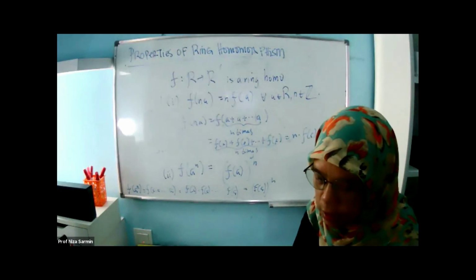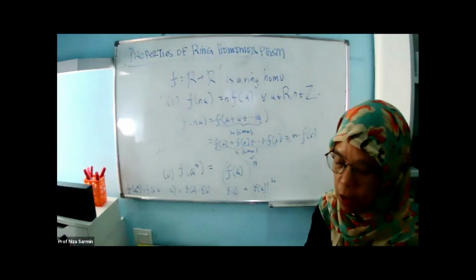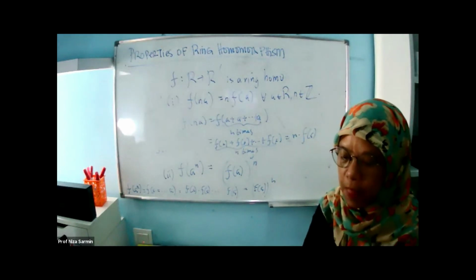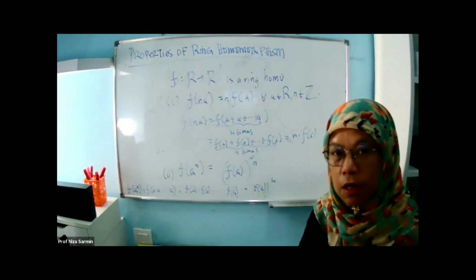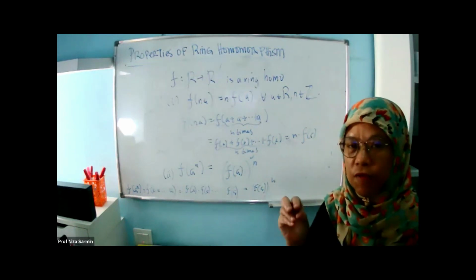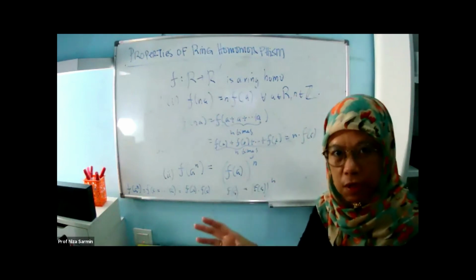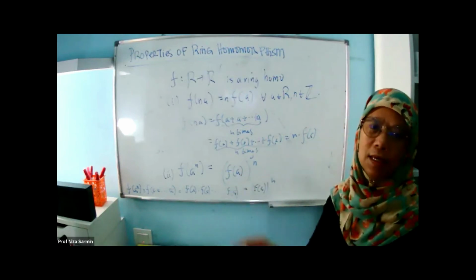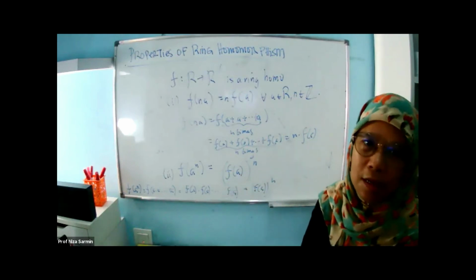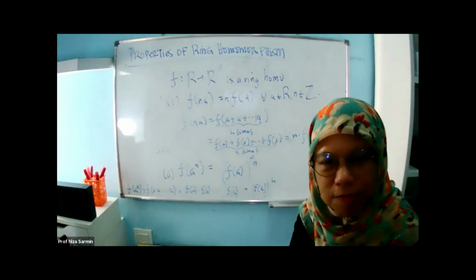Next exercise. Prove the composition of two ring homomorphisms is a ring homomorphism. If f is a homomorphism, g is a homomorphism, why is f composition g a homomorphism? Also, you have to write it down.